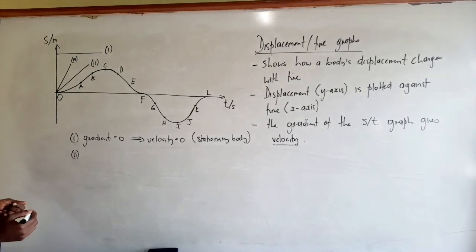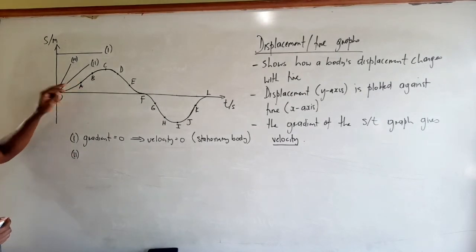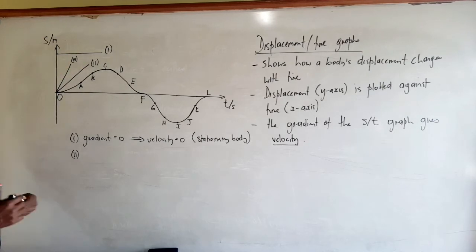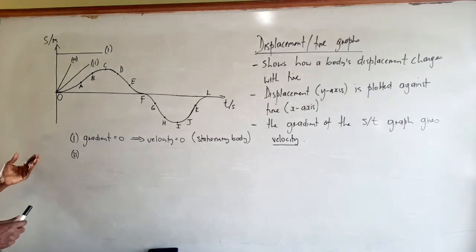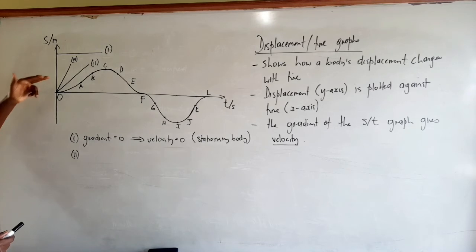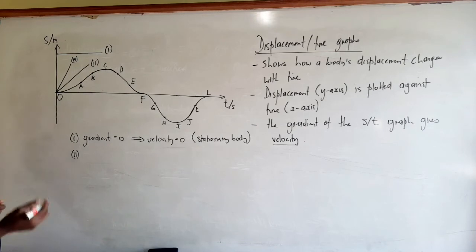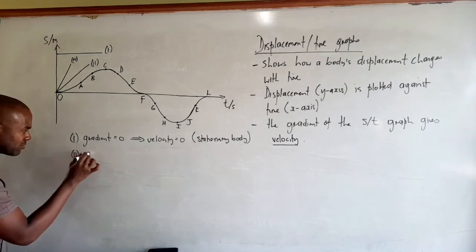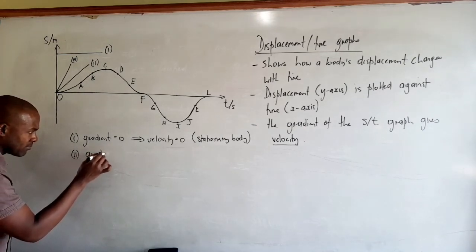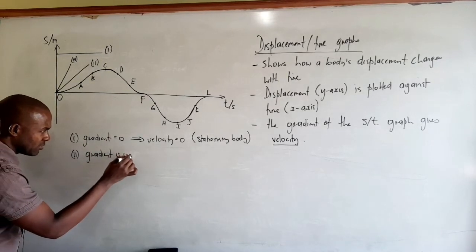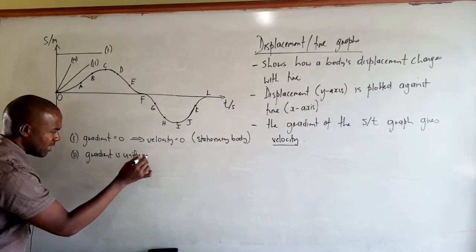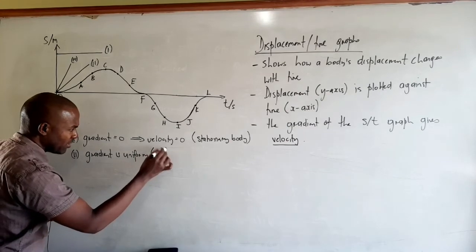Now graph 2 is a straight line with a uniform or constant slope. So if we examine the graph, we see that the displacement increases steadily with time, and so the gradient is uniform, and of course it is also positive.